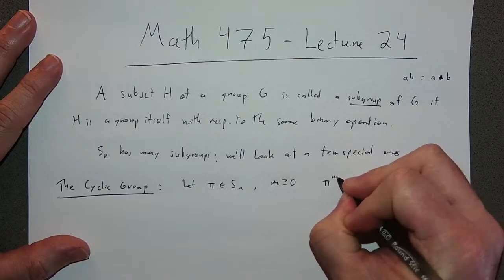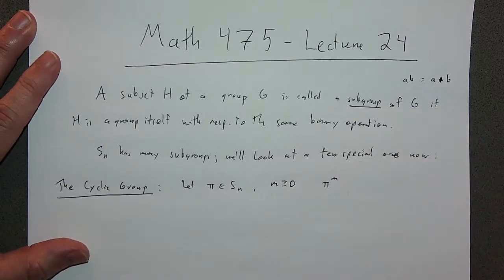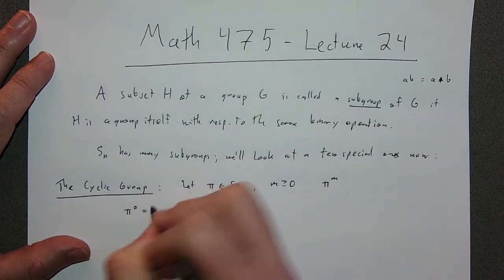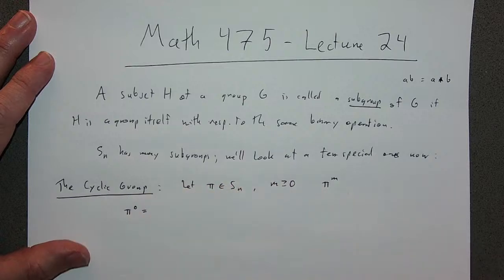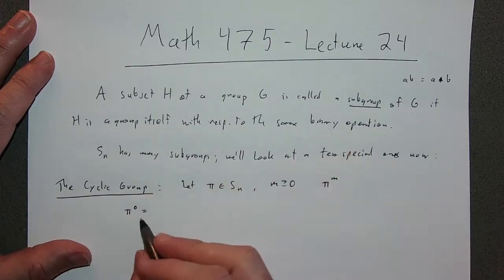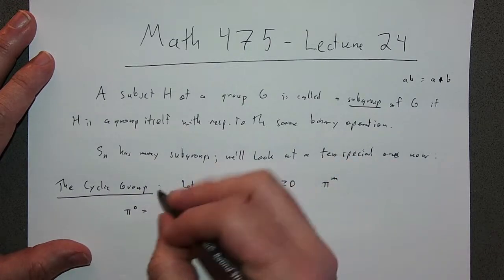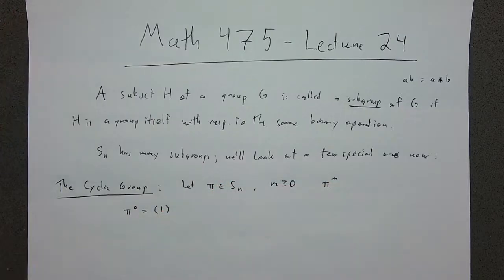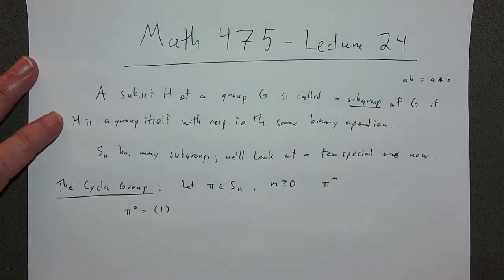What we mean by pi to the m here is pi composed with itself m times. So, for instance, pi to the 0 is the identity, for the same reason as with normal multiplication. And of course, the identity element in S sub n is the permutation that just fixes everything.